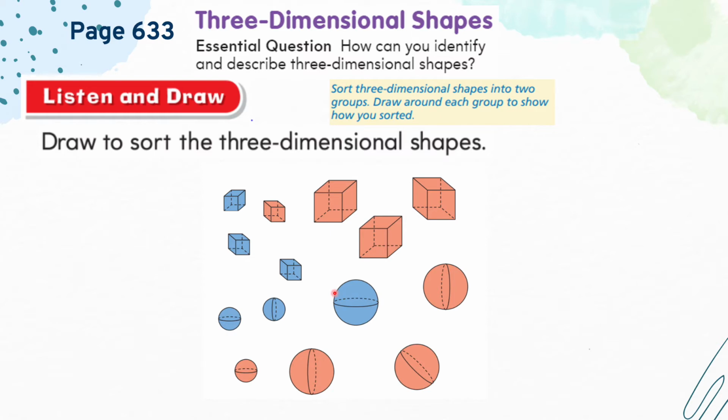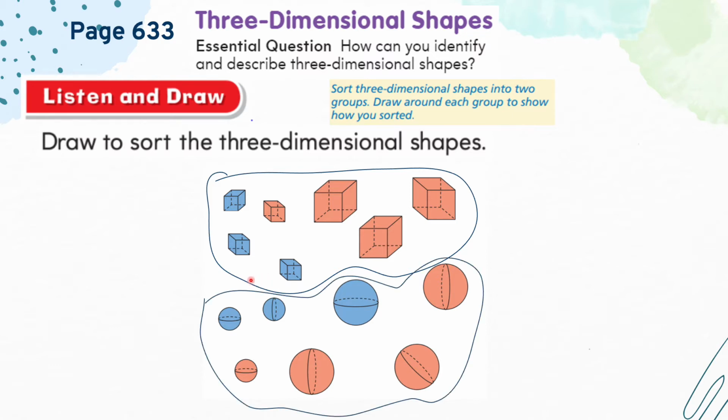Right now I'm going to divide them into two groups according to the name of the shape. So I'm going to make a group of all the cubes. So this is one group, and the other group will be all the spheres. So I have divided these three-dimensional shapes according to the shape itself. One is cube, the other one is sphere.